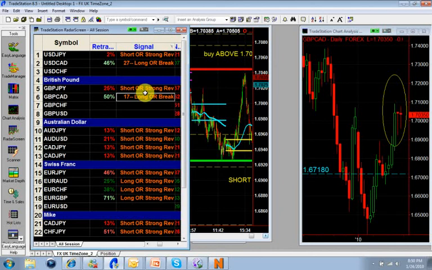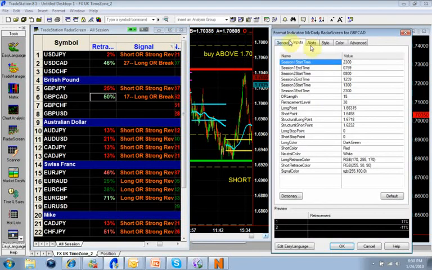Okay, so where would the structure be in the pound CAD on the daily chart? Right back below the 107, 167.18. So we're going to go long above the 107.